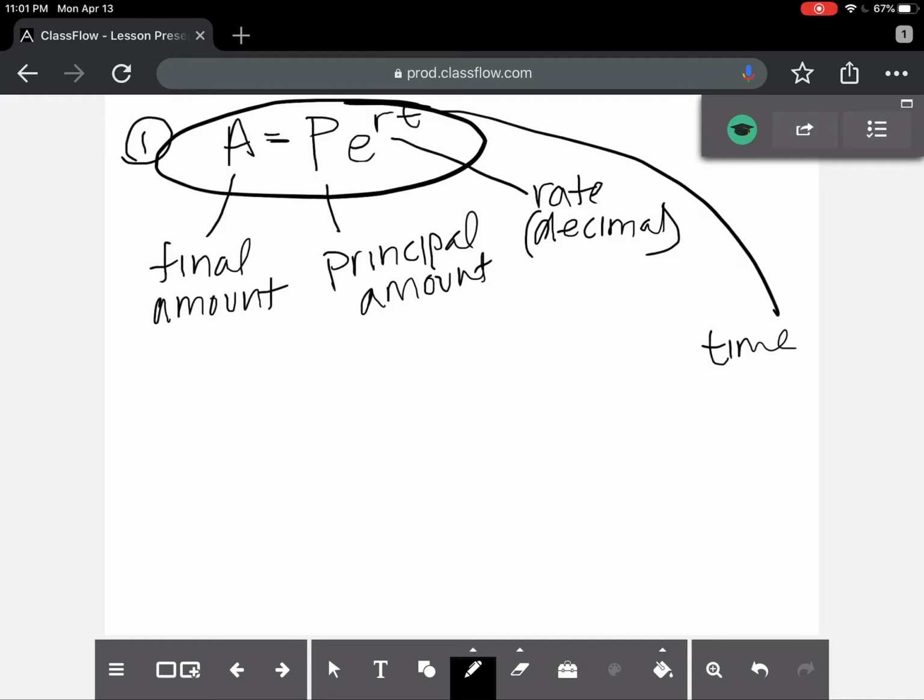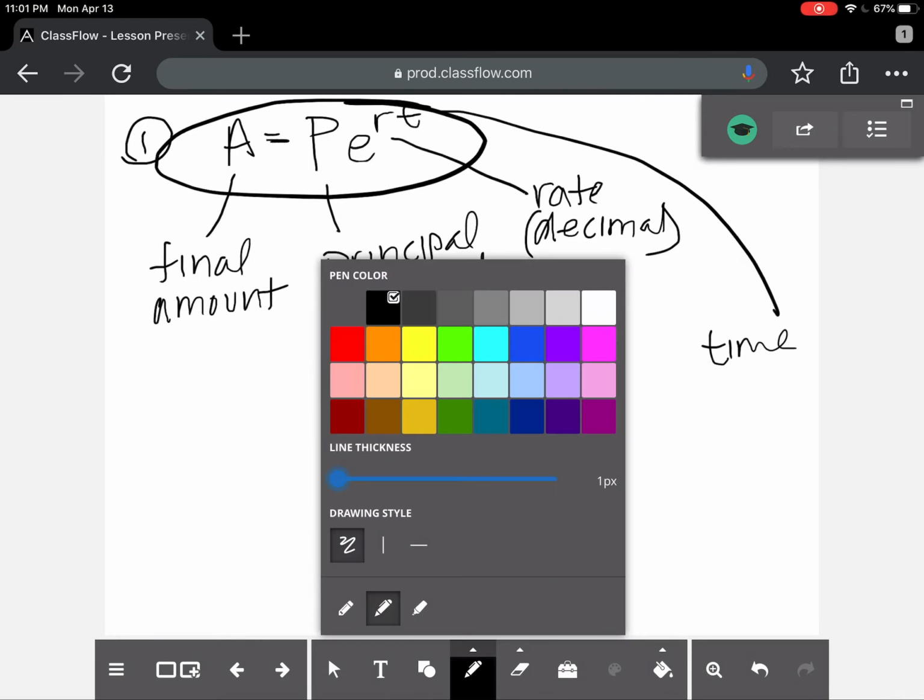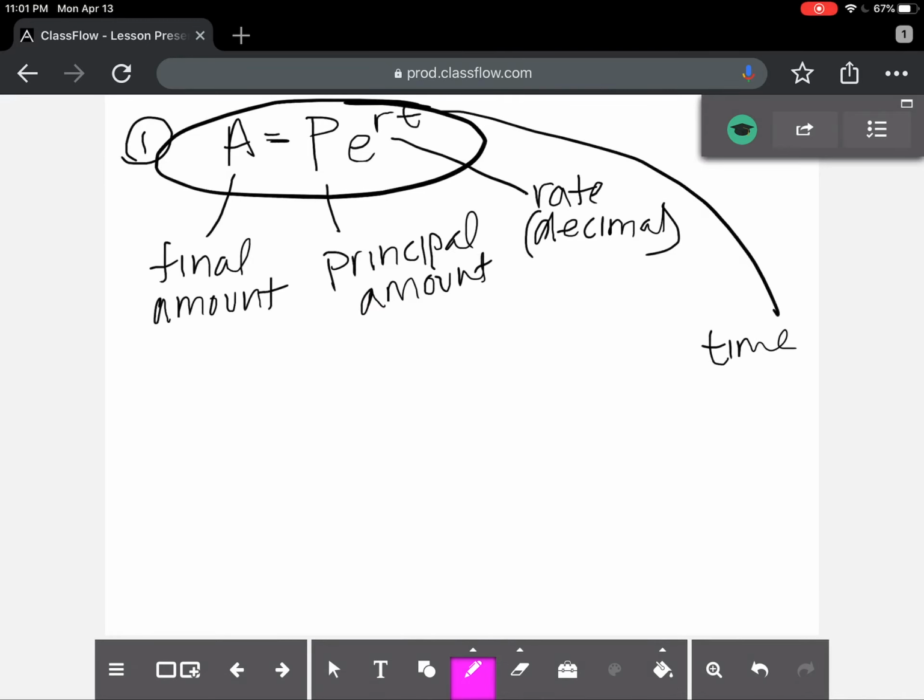All right, so number 1, it says you invest $25,000 at an interest rate of 2.5%. How much will you have after 4 years if it is compounded continuously? There are those magic words for you to use the PERT equation. So your P is going to be 25,000.